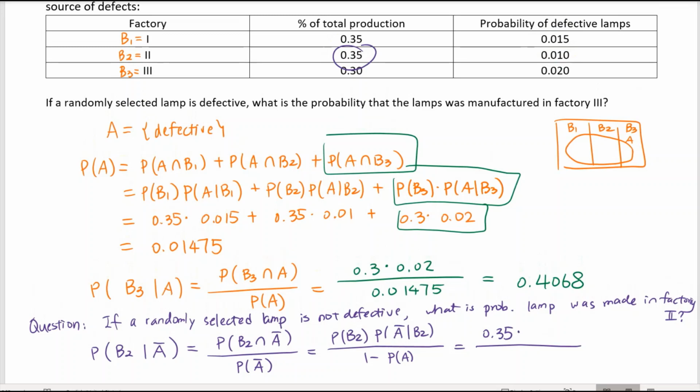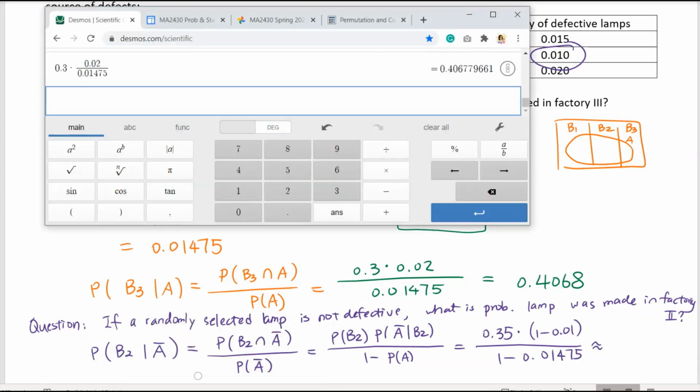P of A complement given B2. Okay, so the P of A given B2 is 0.01. Then P of A complement given B2 is going to be 1 minus 0.01. And then 1 minus P of A, which is 0.01475. So what is this? Okay, let's see. We have 0.35.